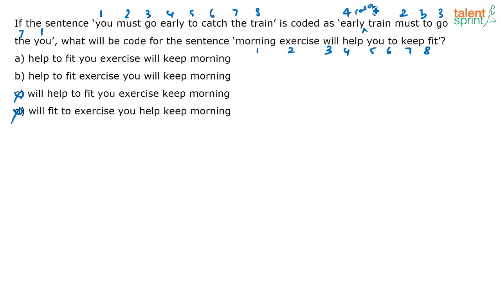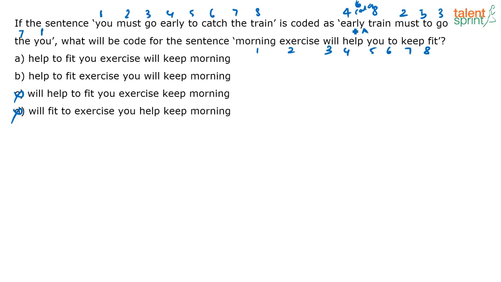See this catch has to come here, okay. This is 6. So again, there was a typo error here. I think I'll take it up with the team because generally so many typo errors don't come. The word catch is missing here. The word catch has to come here between 4 and 8. So this is 6. So the pattern that they have followed is 4, 6, 8, 2, 5, 3, 7 and 1.